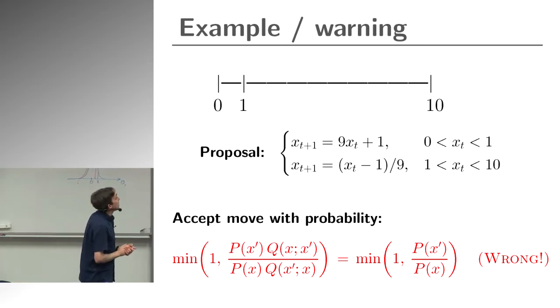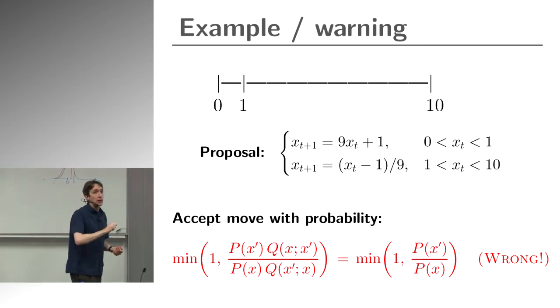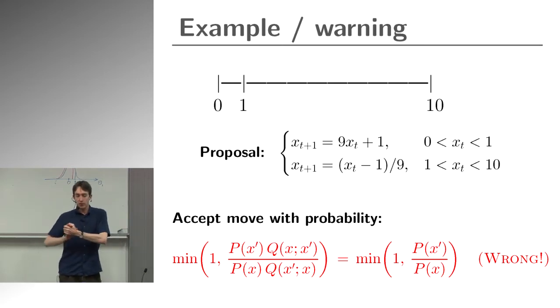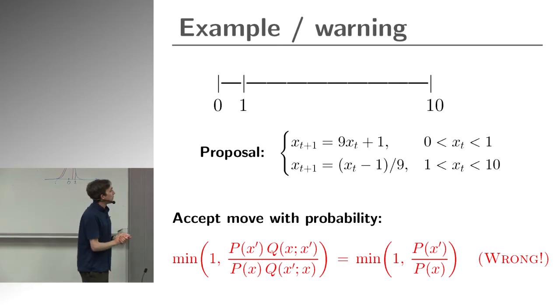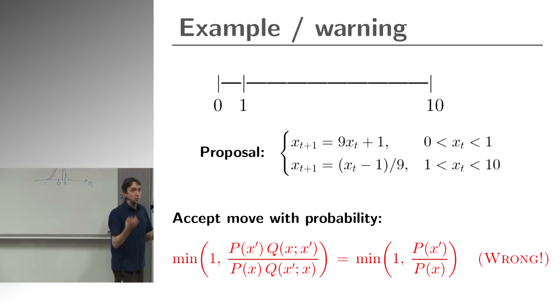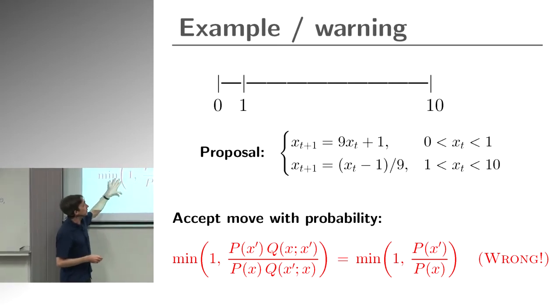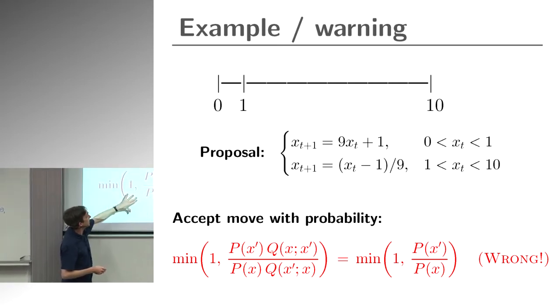Okay, and then this is an arbitrary proposal mechanism. There are other proposal mechanisms you'll hear about, like Hamiltonian Monte Carlo, where you run some complicated deterministic dynamical system that takes you from one place to another. And in Hamiltonian Monte Carlo, the papers say this is a Metropolis proposal, and so you accept or reject it using the Metropolis rule. So you accept or reject the move with this probability.